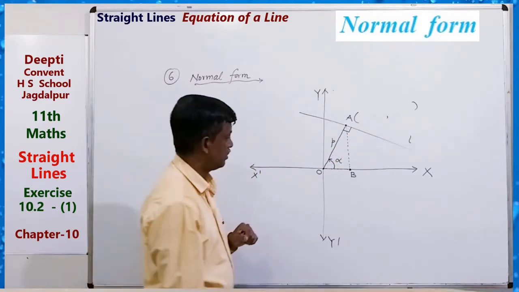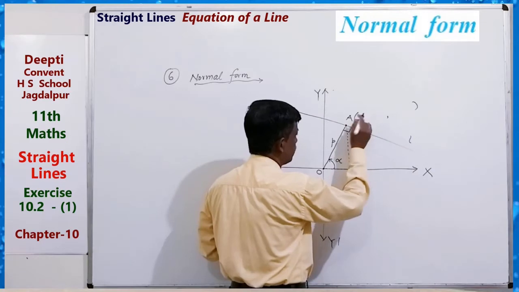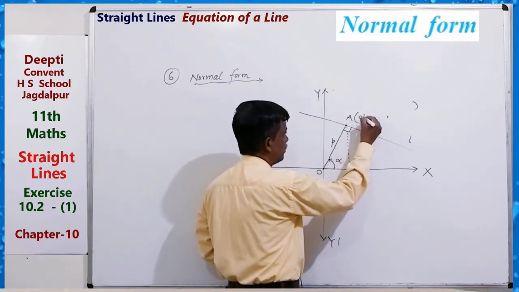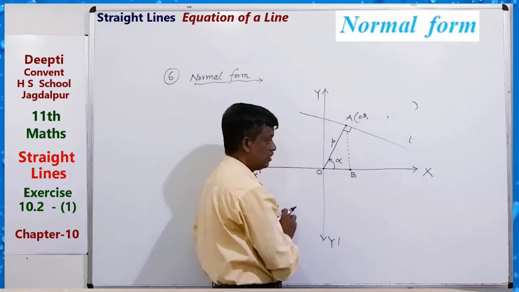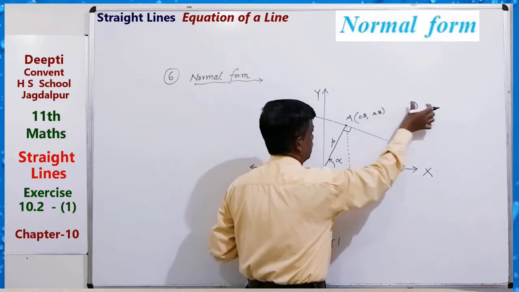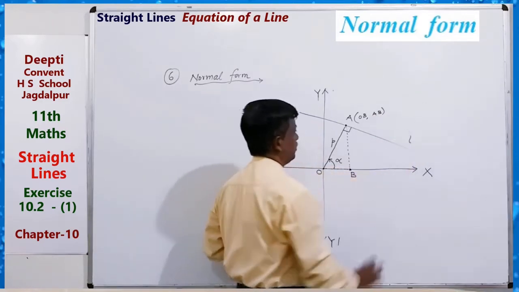Clear? That is, the coordinate of A is OB and AB.